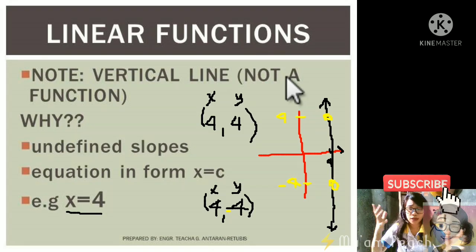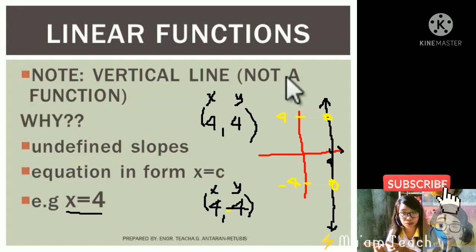Can you remember, I have mentioned earlier that a linear function must always be unambiguous, which means one input, one output, which means one value of x should only produce one value of y.